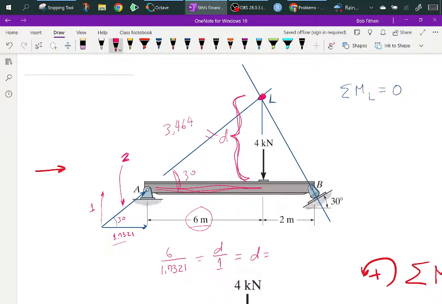Now, let's look at it from this standpoint. Now, is it the same distance that you get from a triangle that sits like that? That is, say, 30 degrees there. Well, let's see.